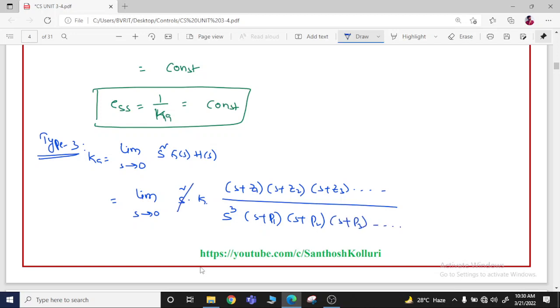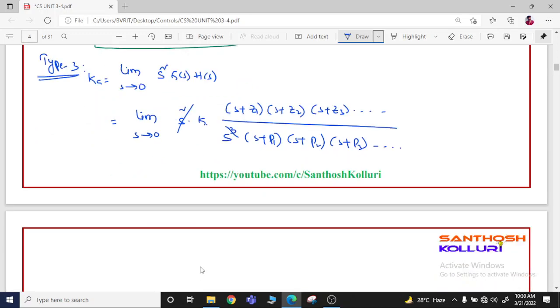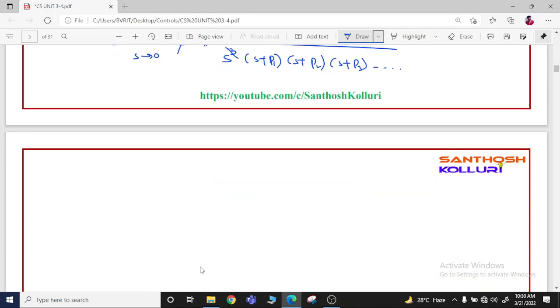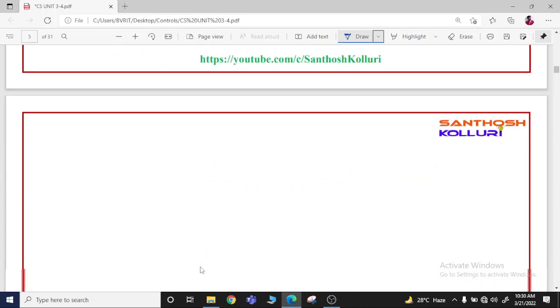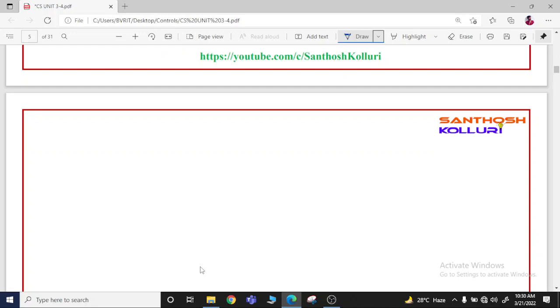This square term will cancel with 2 powers of s. So the Ka value will now be infinity, and ESS will be 1 by Ka, which is 1 by infinity, equal to 0.